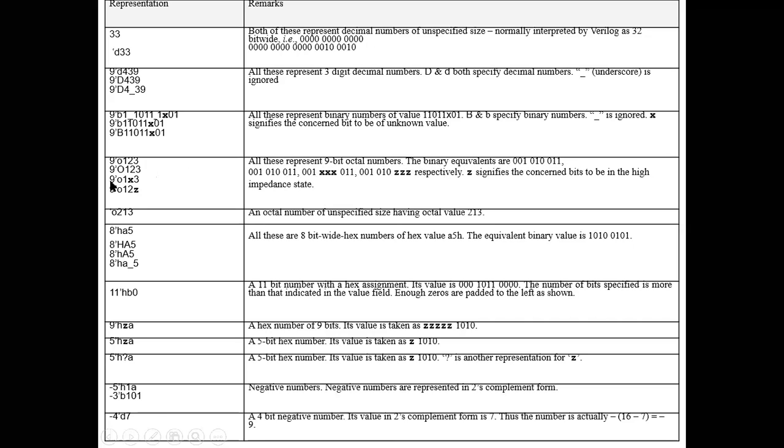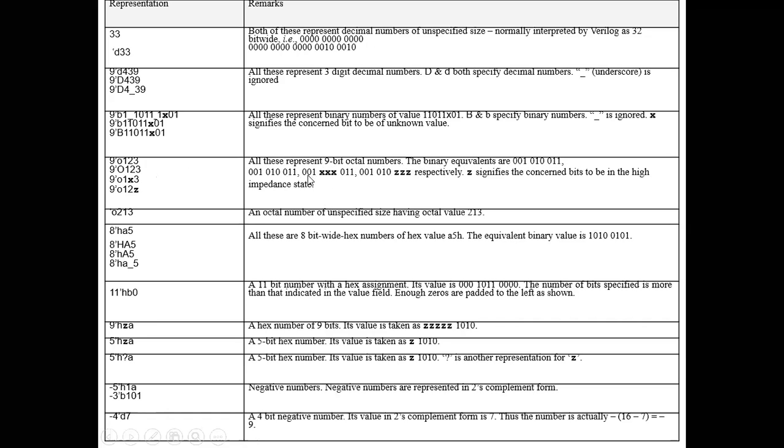Now you can see it is of 9 bits and I am writing 1, x and 3. That means for each digit I require 3 bits. For 3 I require 3 bits. For x also I require 3 bits.